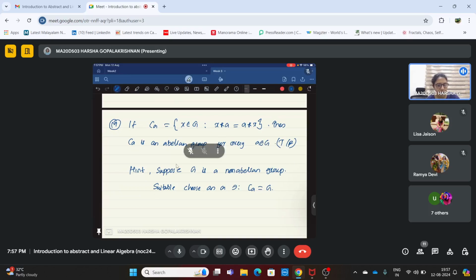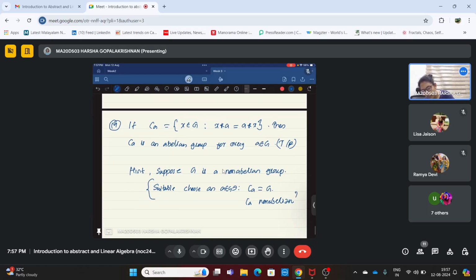Since we have taken G as non-abelian and we have chosen an A from G such that C(A) equals G, C(A) will be non-abelian. Okay, is this possible? If this is possible, we will get a counterexample, then it will be false.